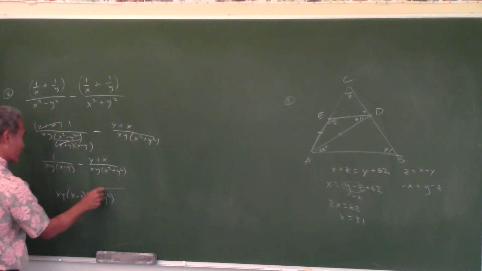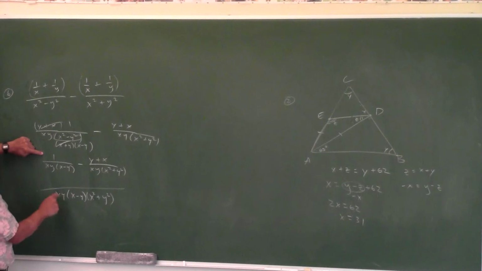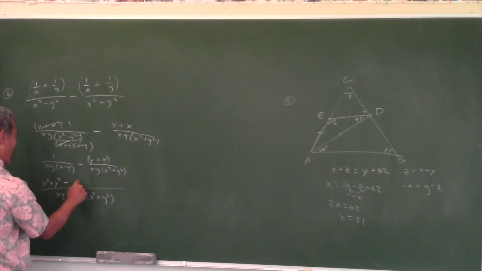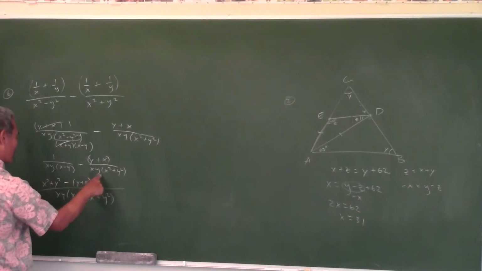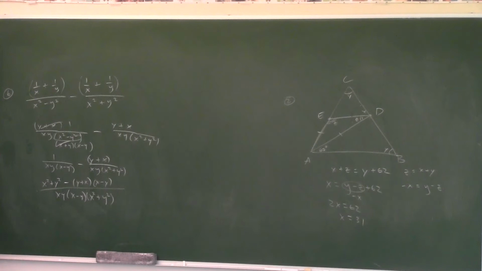See, your goal is you want to factor everything, so then you can just start canceling. So what's going to go in the numerator here? x squared plus y squared, minus, and then you have y plus x times what's missing here? x minus y. Right? Okay, so what happens when I multiply out the top?